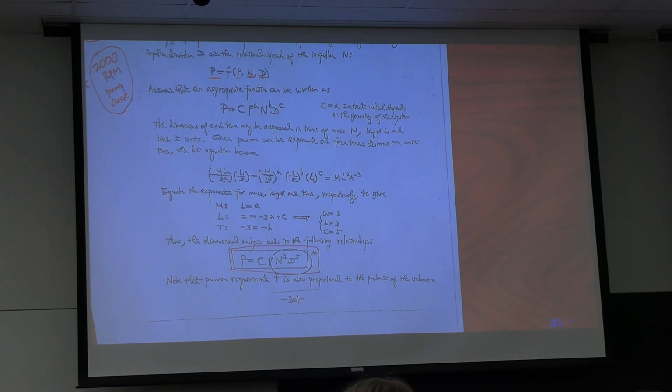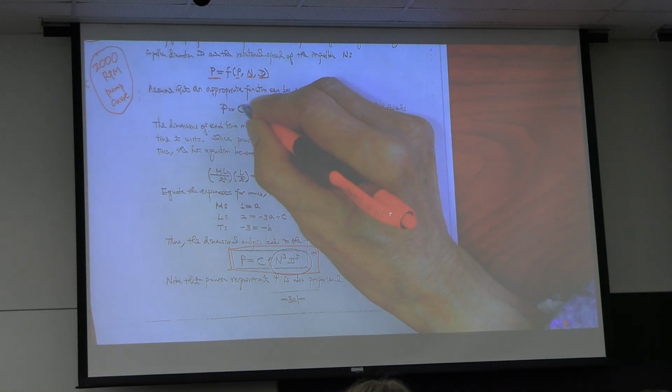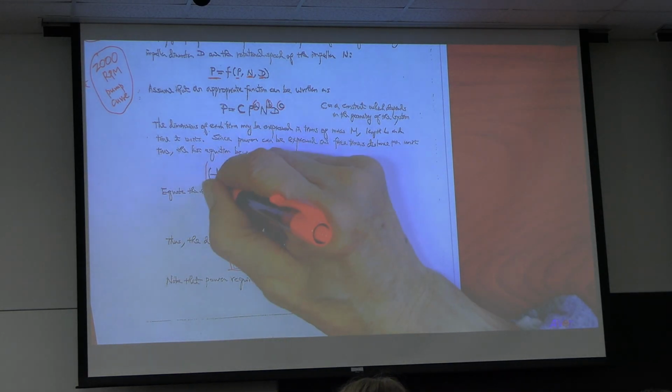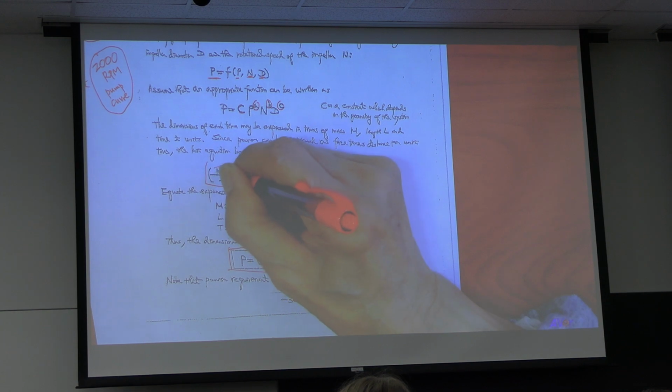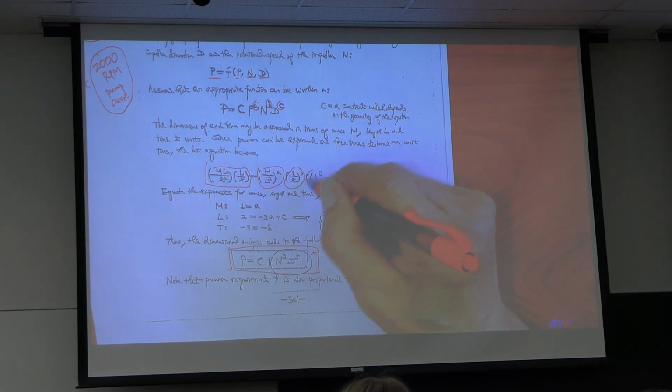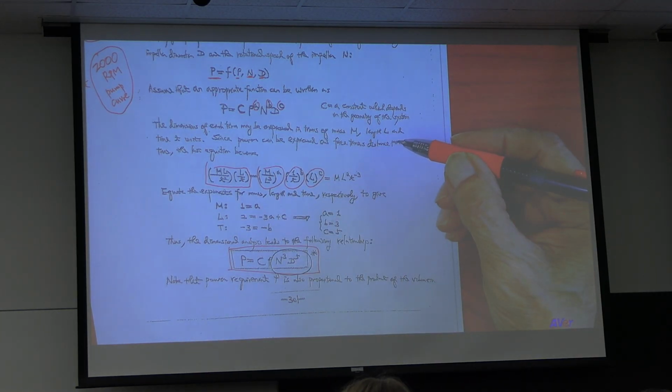You write on the dimensional analysis. Did you learn that in fluid mechanics? Okay. Constant C, power A, B, C. You put down a dimension, mass, length, time, A, B, C. You can solve this.